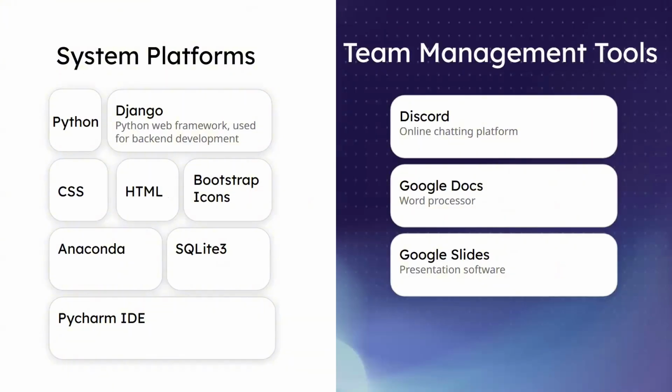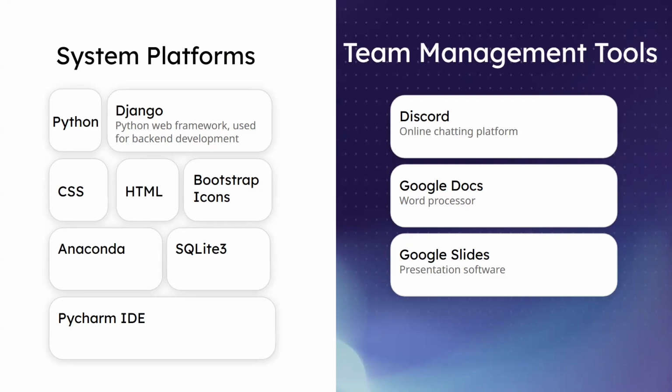Alrighty, so we're going to talk about system platforms and how our team managed various tools to get our project done. For this project, we decided to implement Python with the Django framework to build the back end of the website. The front end was created using HTML, CSS, and Bootstrap to design the user interface.